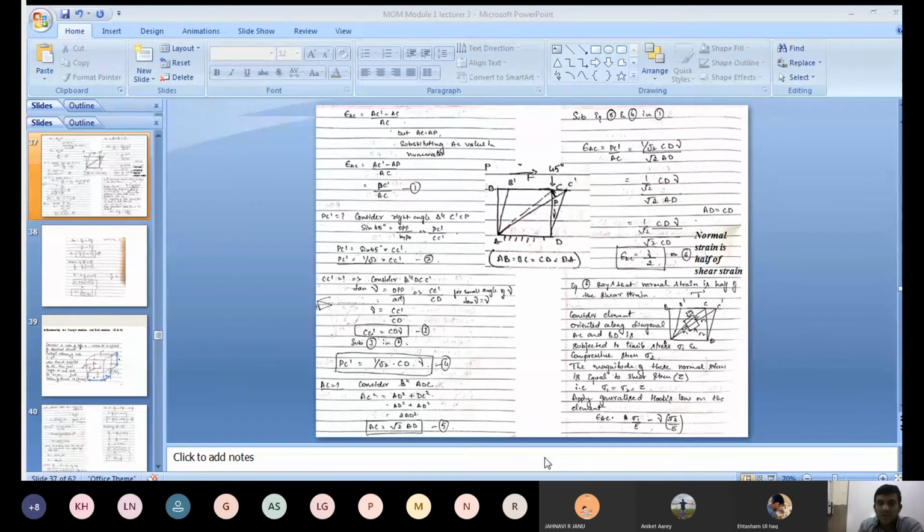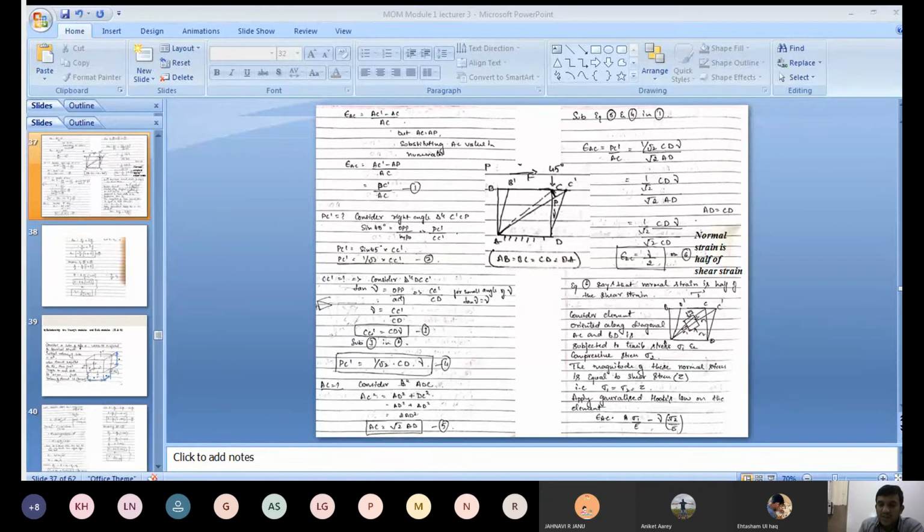The strain induced along AC is equal to, see, along AC sigma 1 is there. It is tensile actually, it is not compressive. Stress sigma 1 is tensile in nature, sigma 1 by E. Now along another direction, BD, it is compressive, right? What does the generalized Hooke's law say?